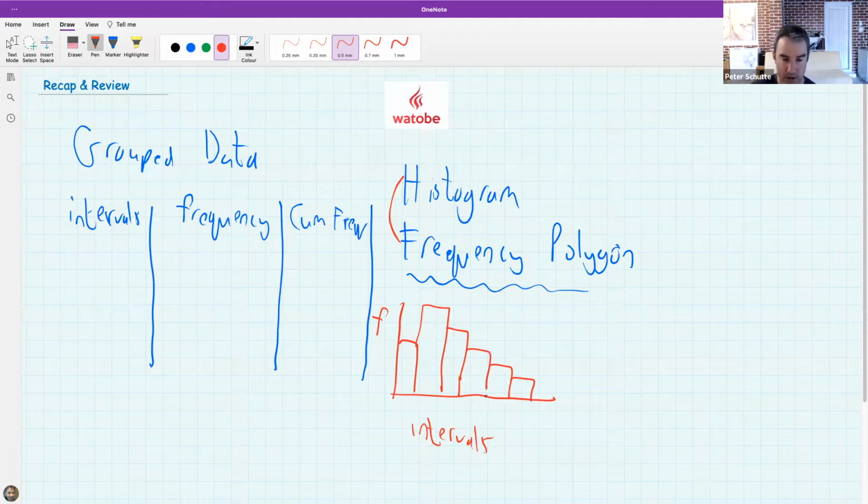To get a frequency polygon, we always use the midpoints of the intervals of the histogram, and we add an interval at the beginning and at the end so that we can close the polygon. We find the middle of each of those, then take straight lines and join those midpoints. Then we get what's called a frequency polygon. A histogram is more common, but that's how we get a frequency polygon.